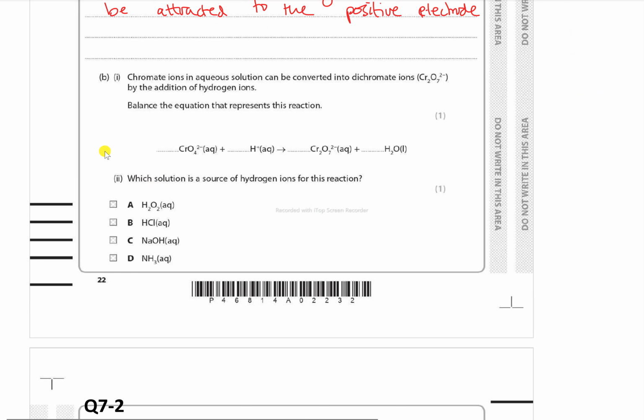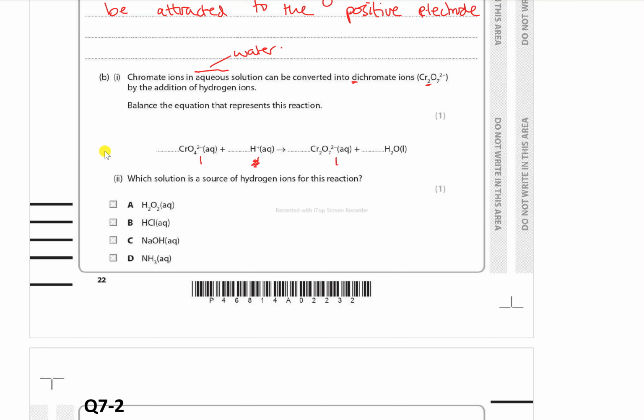Right, chromate ions in aqueous, that means it's to do with water. Converted into dichromate, two chromates, two chromiums. Right, we need to balance these. So we've got two minuses here, one plus there, two minuses here, that's neutral.